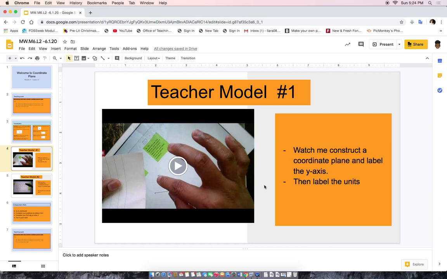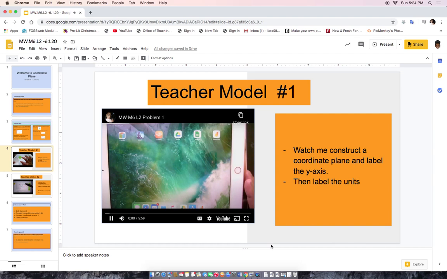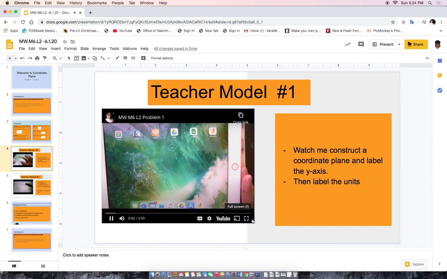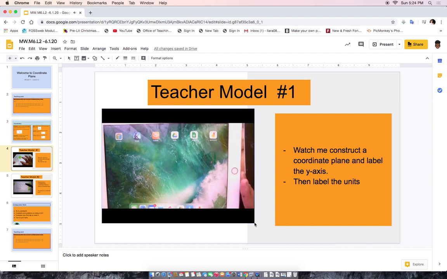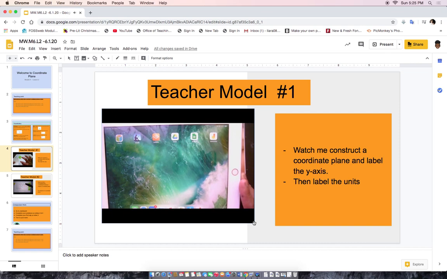This usually happens. Okay, there we go. Okay, boys and girls. So if you have your iPad or you're using a computer, I just want to show you a way that you can find your Jamboard materials, okay? The easiest way is actually just going to your Jamboard and looking for the file.